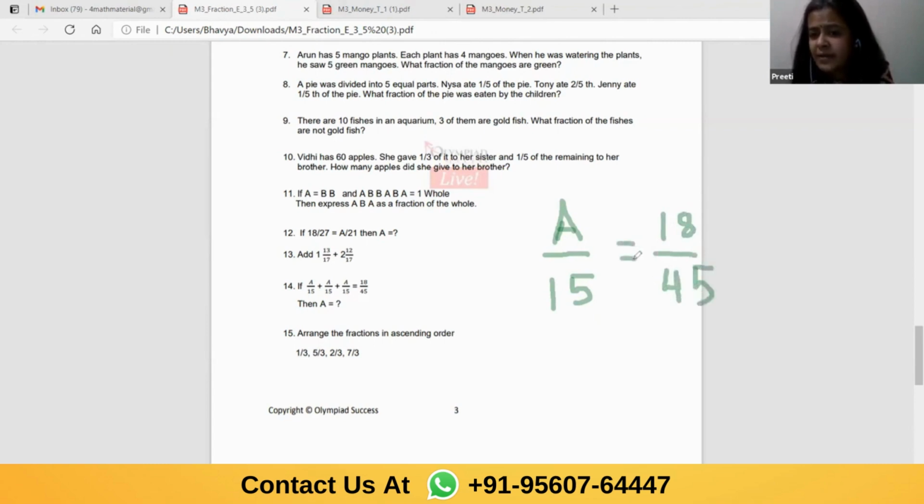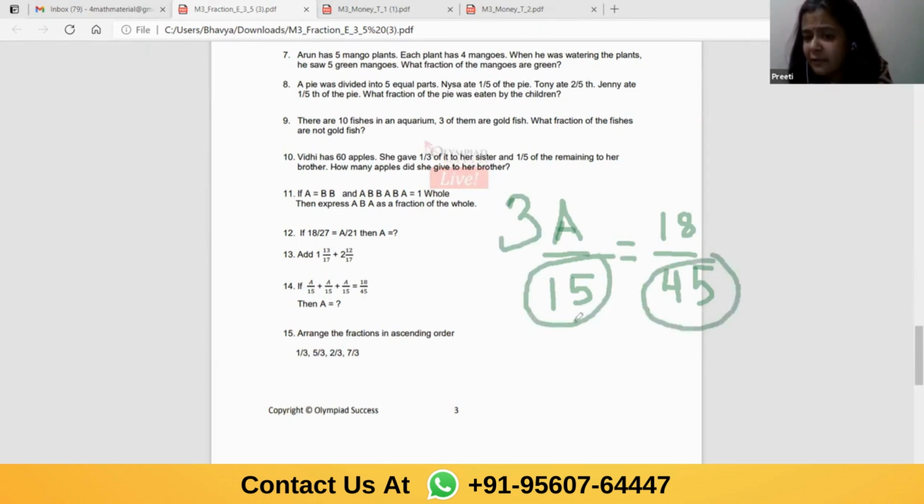What is the way? If I multiply both the numerator and denominator by 3, I will get the same thing. No, this is causing more confusion. Admina, here the denominator differs. Look at the denominators in both the equations. They differ. So A cannot be 6. A will be 6 only when the denominators on both sides are the same.